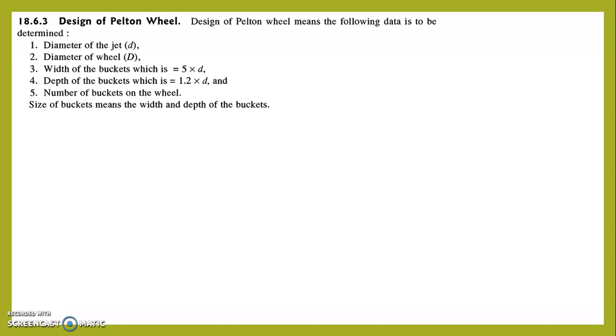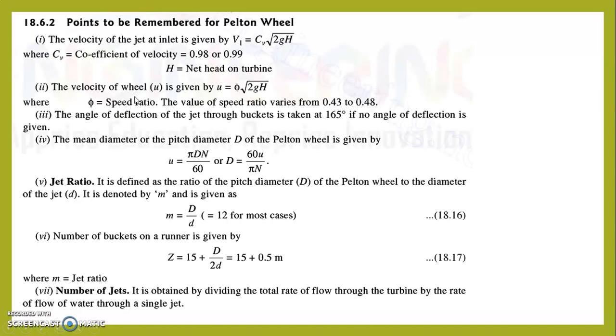If it is mentioned to design a Pelton wheel, we have to calculate the diameter of jet, diameter of the wheel, bucket size, number of buckets, number of jets, everything. Here they have mentioned only five items: small d, capital D, width of the bucket, depth of the bucket, number of buckets, and from the previous case we have to calculate jet ratio and number of jets. Everything has to be calculated for a design of a Pelton wheel.